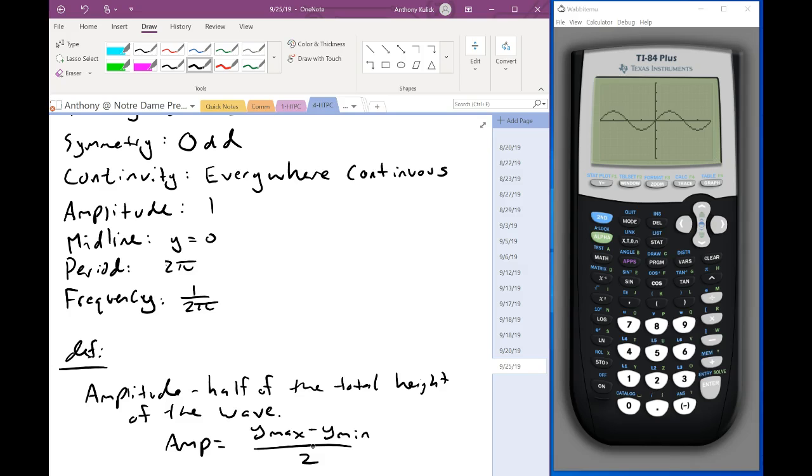Correct. So you're talking about the total distance. You're looking from the lowest spot up to the highest spot, half of that distance.